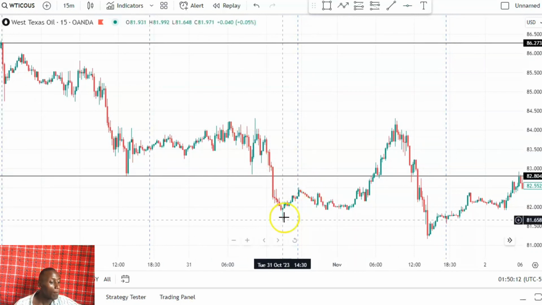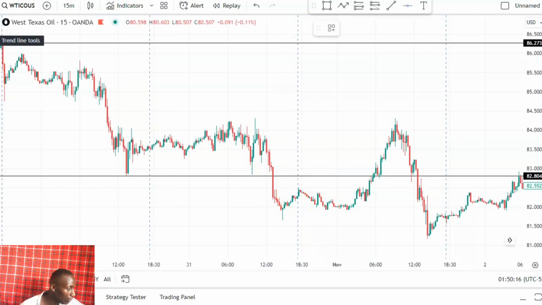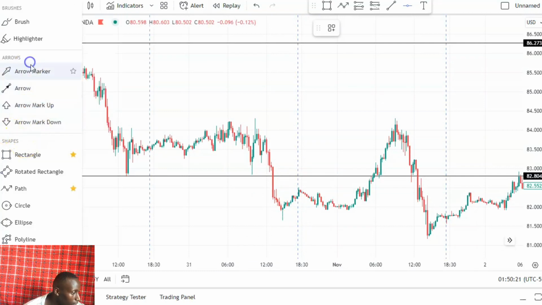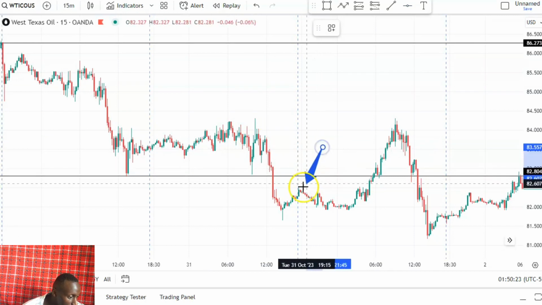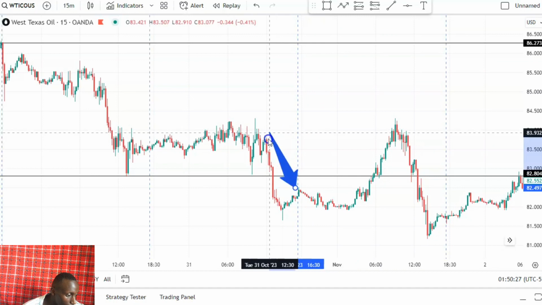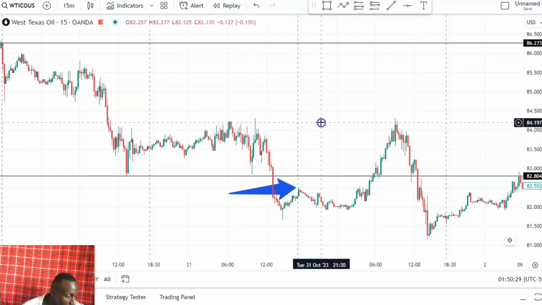On Tuesday, price breaks out and closes outside. Now, look at the close. This is the close. So if you look at the close and you look at the low, we have this gap.